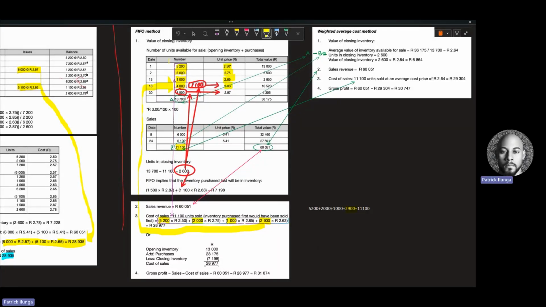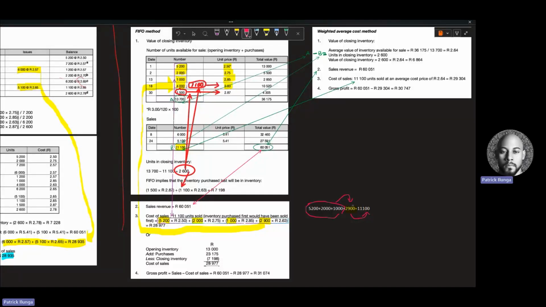If you add them up, you'll find that you remain with 2,900 units to reach the 11,100 units.